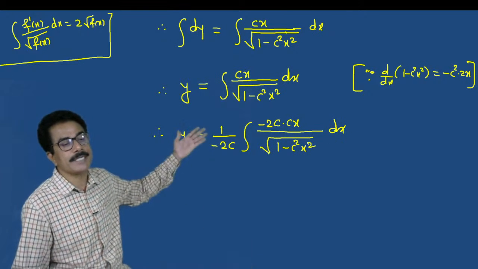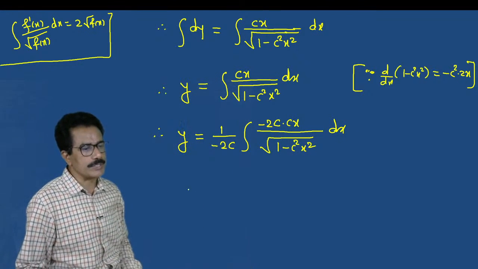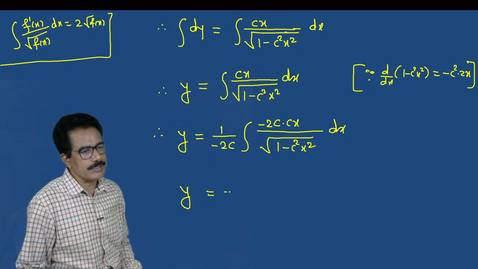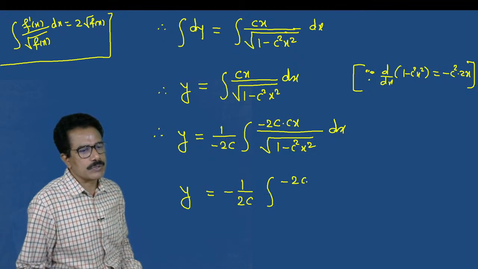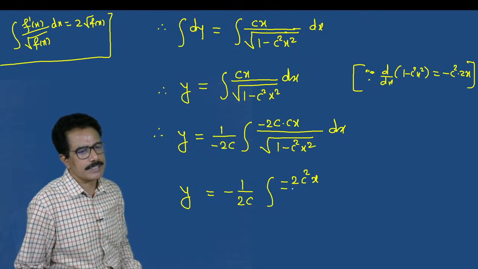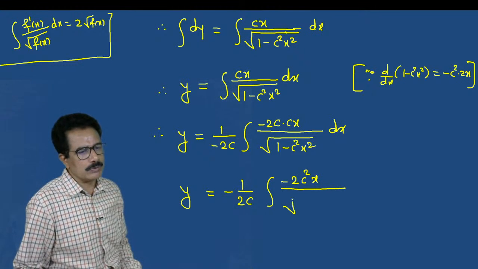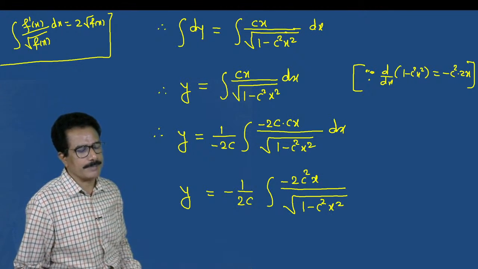Means dividing and multiplying by 2c. So y is equals to minus 1 upon 2c integration of minus 2c square x upon root of 1 minus C square x square.